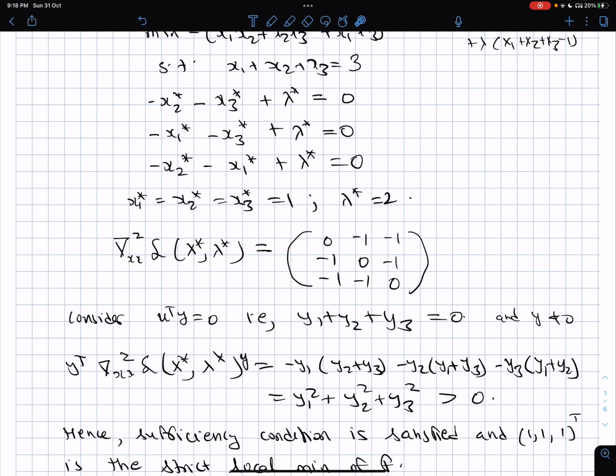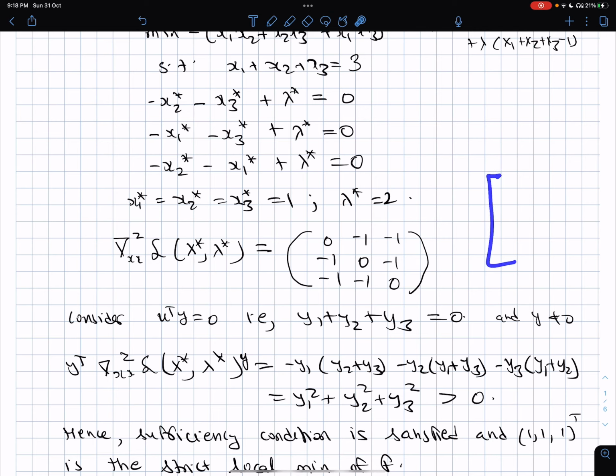So what will come out common here? Minus y2 plus y3. So this will give you a vector like minus of y2 plus y3, minus of y1 plus y3, and minus of y1 plus y2.